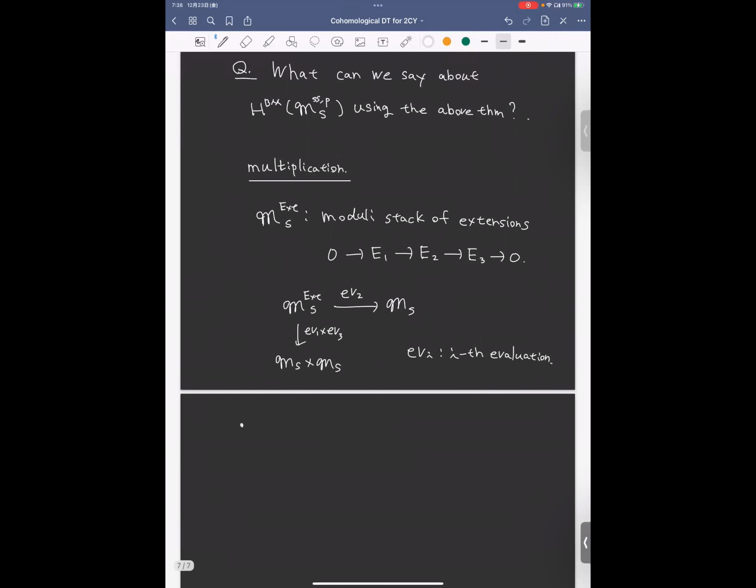And one can show that EV1 times EV3 is a locally complete intersection morphism in the derived geometric sense.